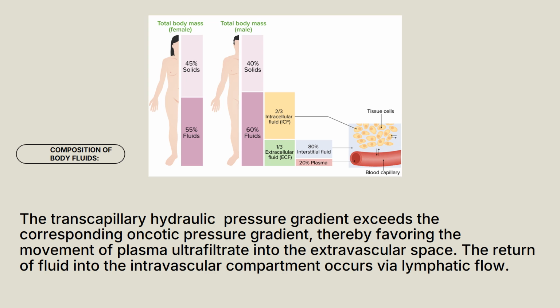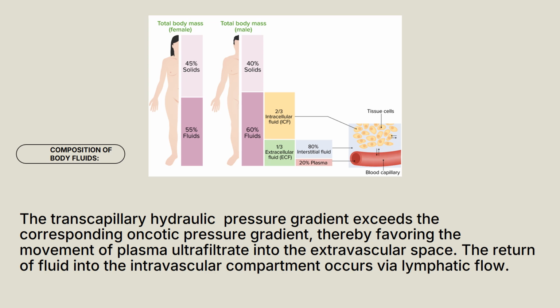If we look at this diagram here, we see that the extracellular fluid is further subdivided into interstitial fluid and plasma. The plasma is the fluid that courses through the veins and arteries with the circulation.